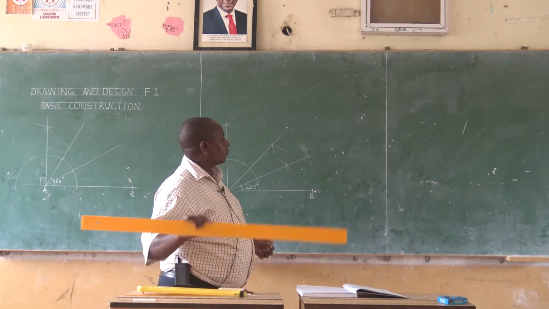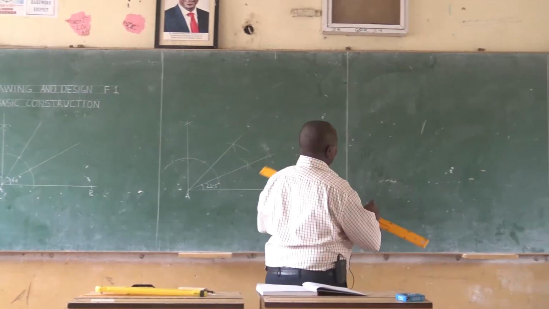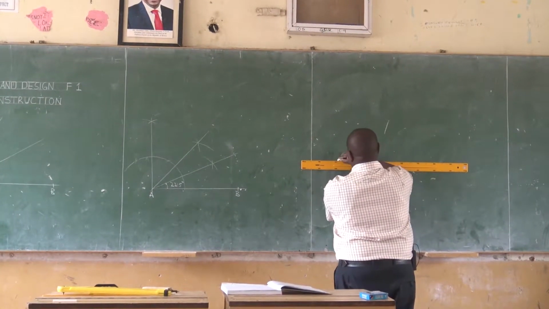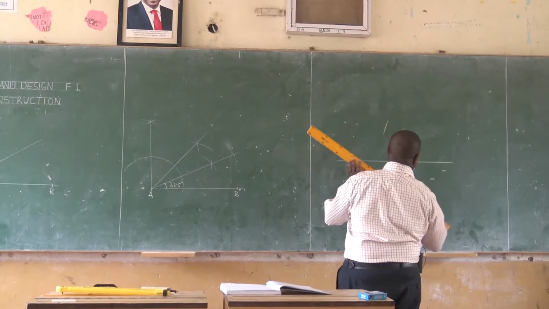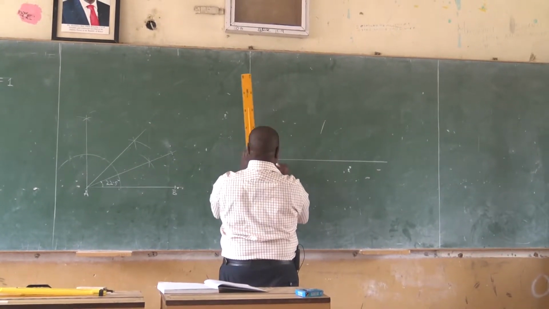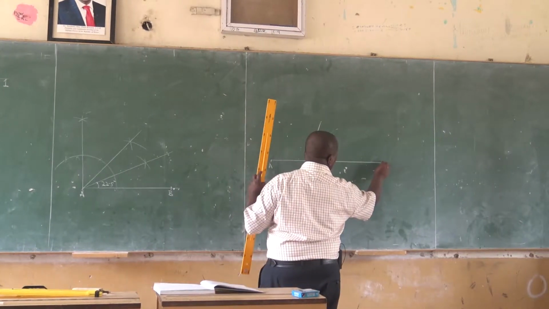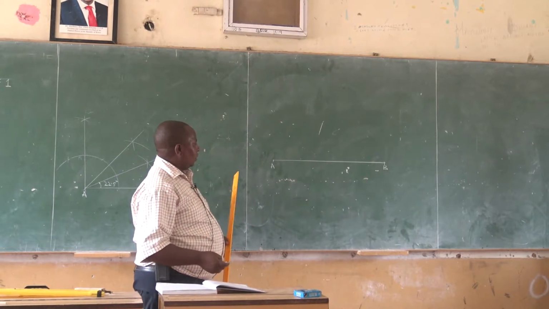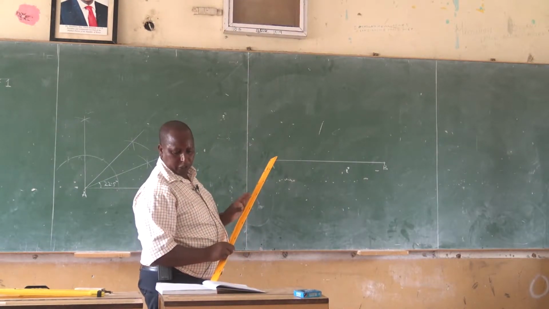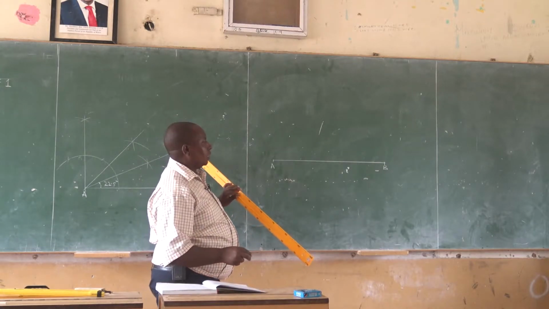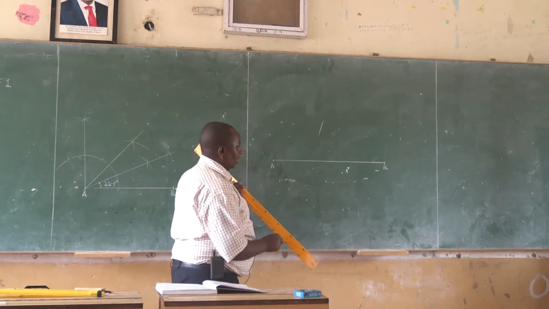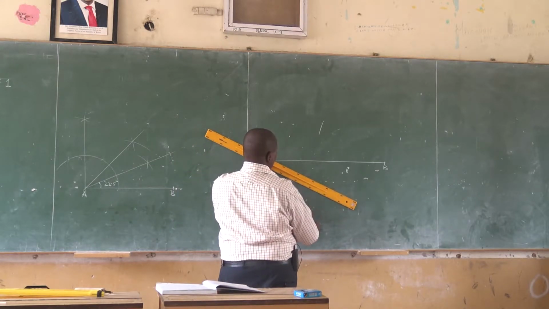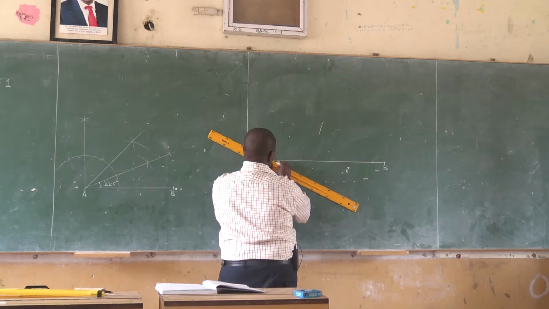Now, learners, dividing a given line AB into a number of parts, say 7 parts, is essential because it will assist us in drawing all forms of shapes as we do mathematics, and also for other divisions, especially in construction work in life.